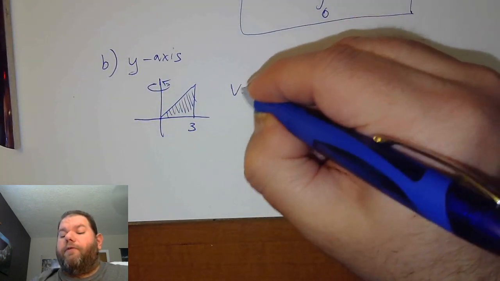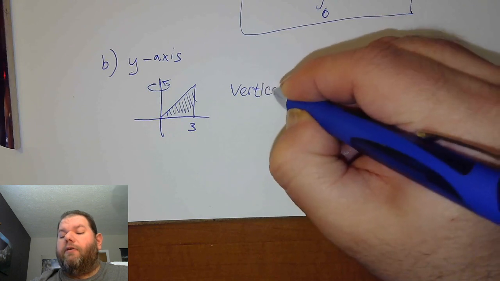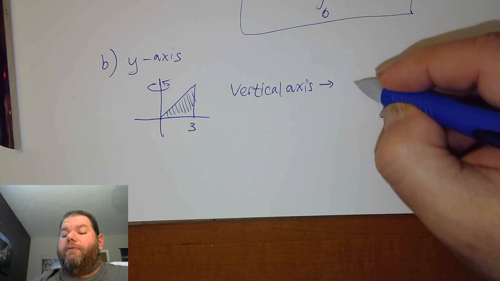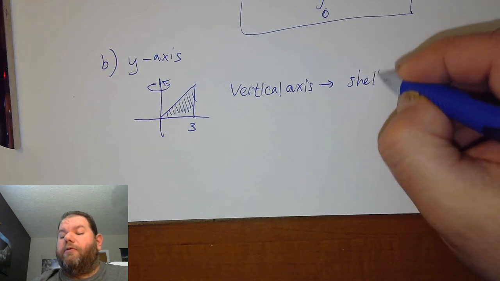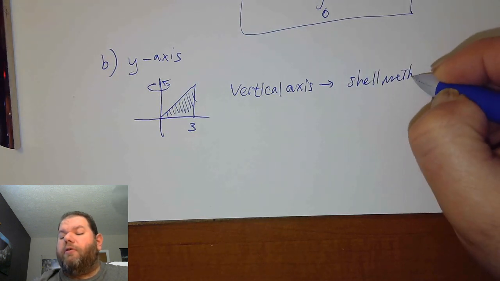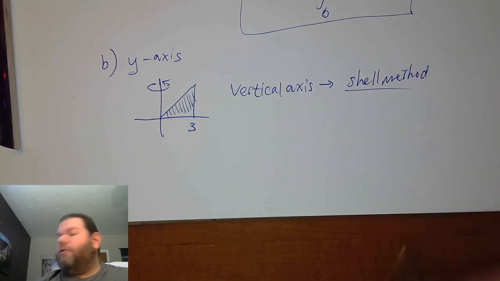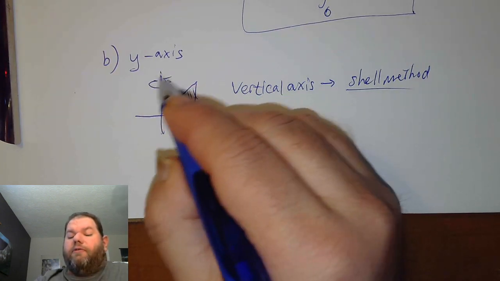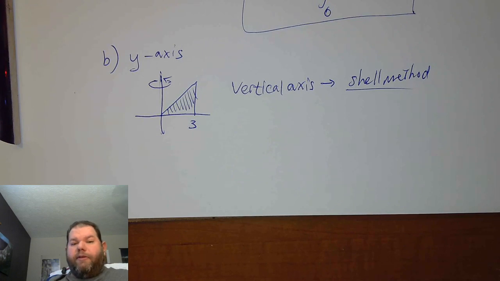So this time we have a vertical axis of revolution, which means we want to use a shell method. So our axis of revolution is vertical, and so we'll use a shell method to approach this problem.